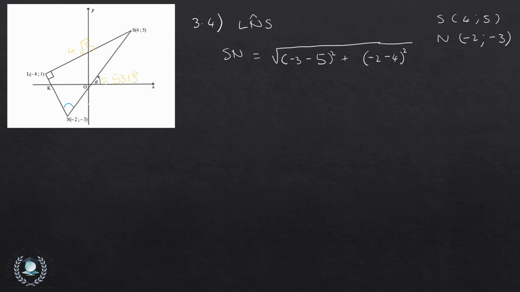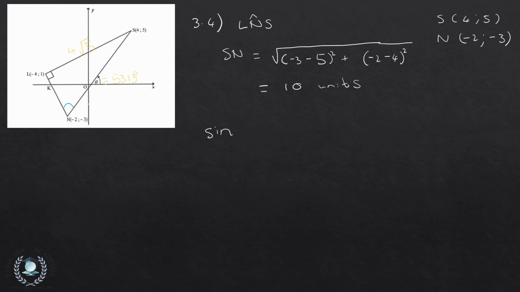So for me, my y2 and my x2 values came from N. And then I just substituted accordingly. Once you do the maths or put this in your calculator, you will find that SN is actually equal to 10 units.